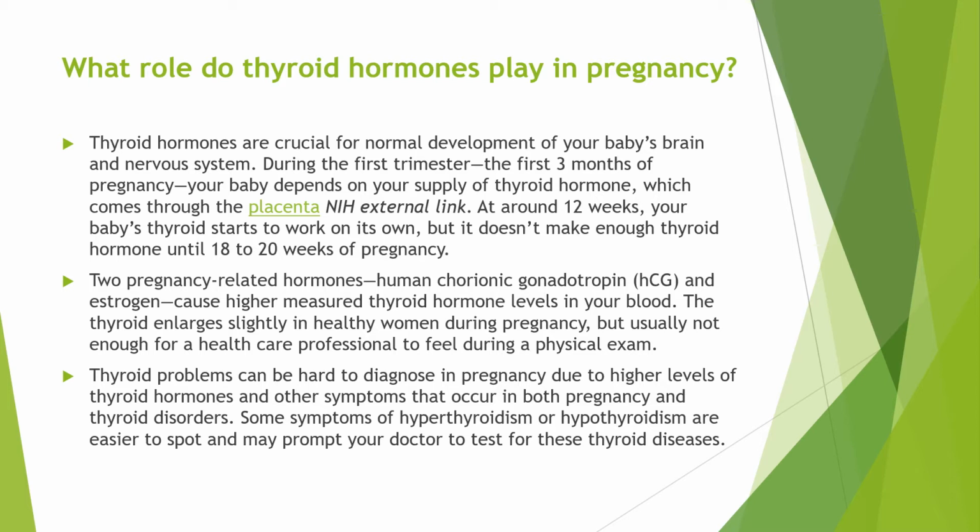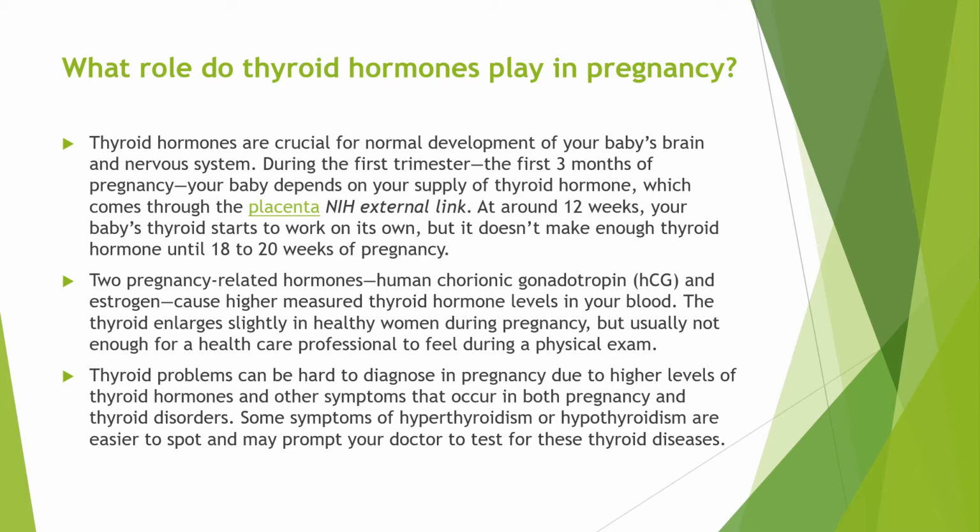Two pregnancy-related hormones, human chorionic gonadotropin and estrogen, cause higher measured thyroid hormone levels in your blood. The thyroid enlarges slightly in a healthy woman during pregnancy, but usually not enough for the healthcare professional to feel during a physical examination.